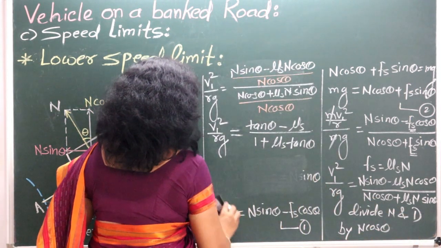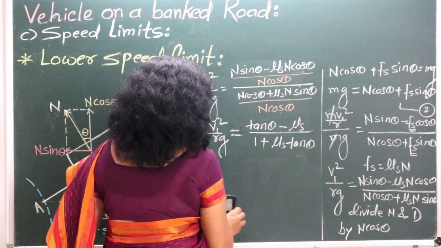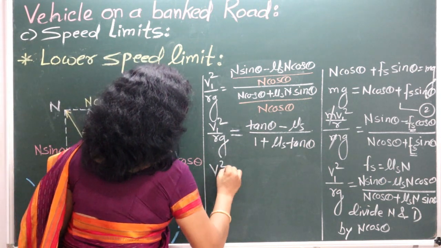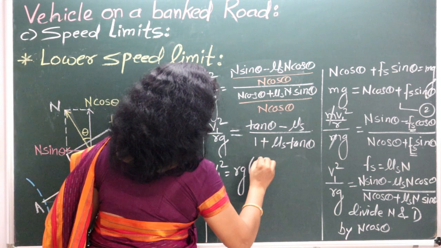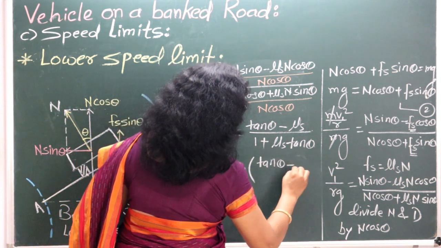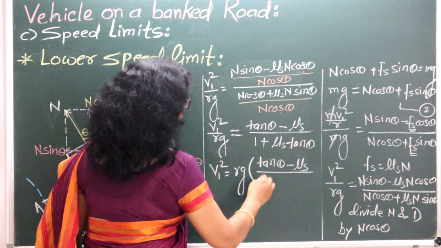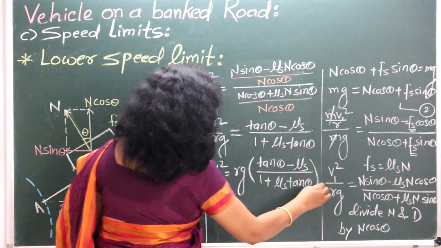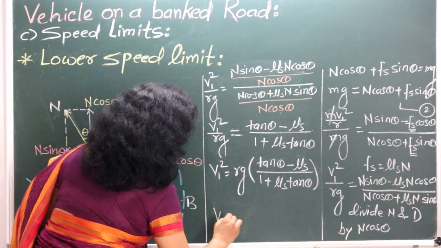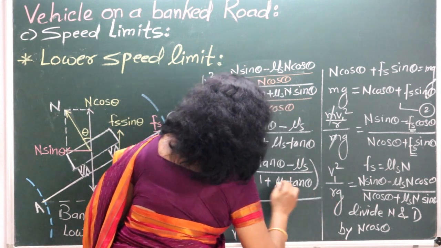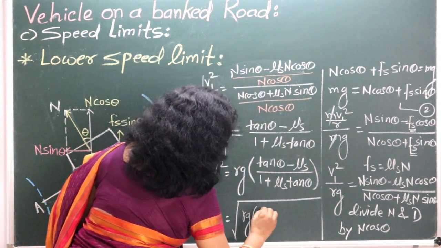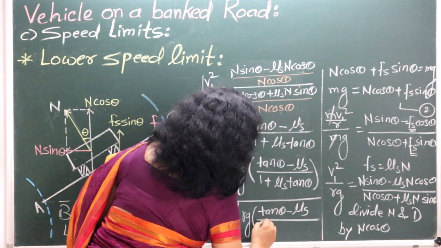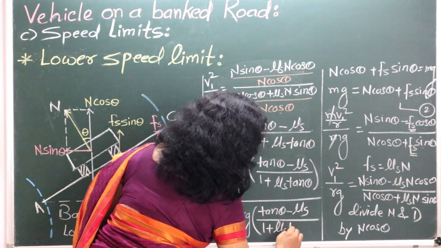Now this rg goes towards the right side, that is v1 square equals rg into bracket tan of theta minus mu s upon 1 plus mu s into tan of theta. Take square root on both sides, that is v1 equals square root of rg into bracket tan of theta minus mu s upon 1 plus mu s tan of theta.